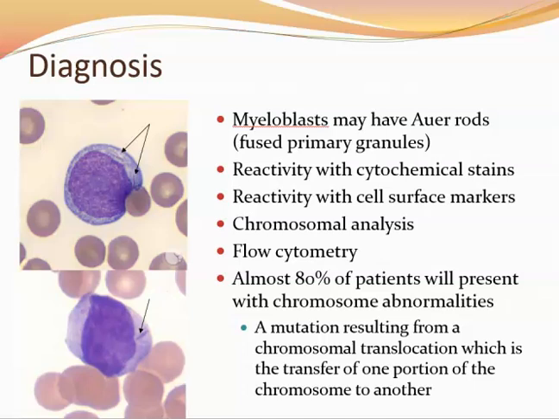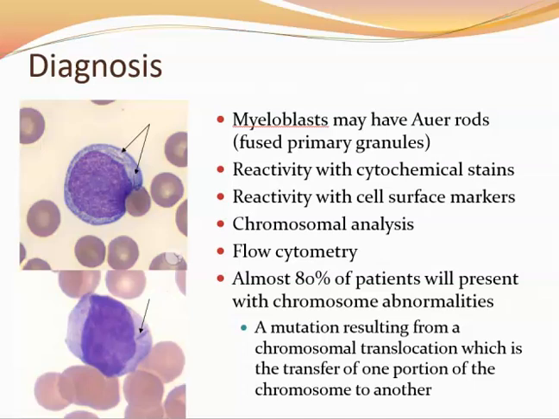That's just a process where we run cells past a laser, and the laser helps determine the type of cell, or is a way to identify cells. And almost 80% of patients will present with chromosome abnormalities in acute leukemia. There's a mutation resulting from a chromosomal translocation, which is the transfer of one portion of a chromosome to another.